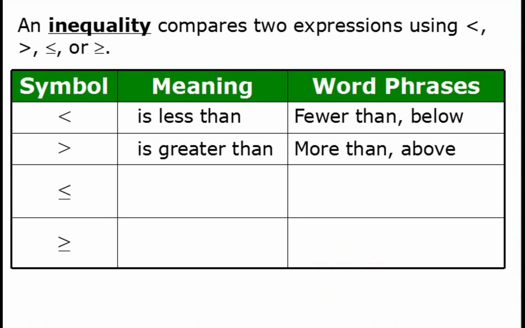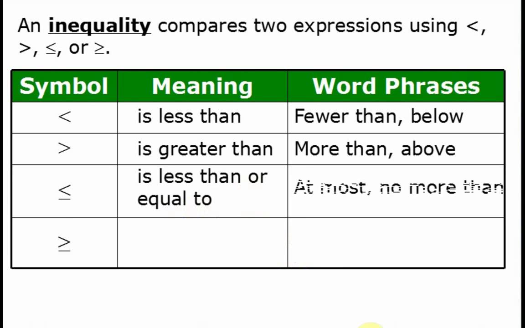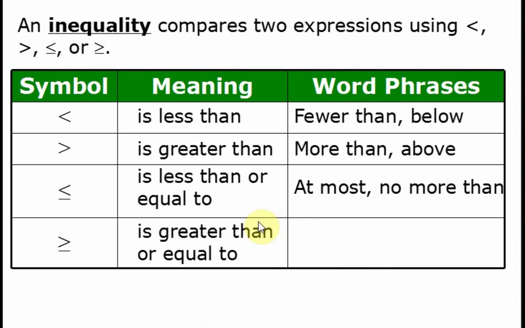And we have this one, which means is less than or equal to. The words or phrases used there are at most, no more than. These are very common words used there. The next one is greater than or equal to.